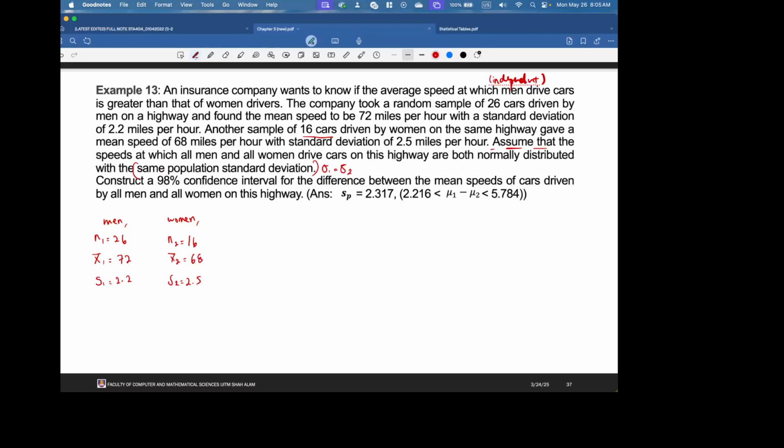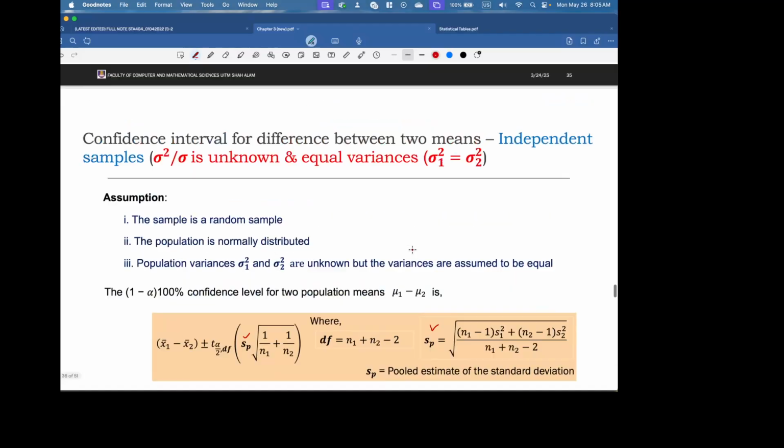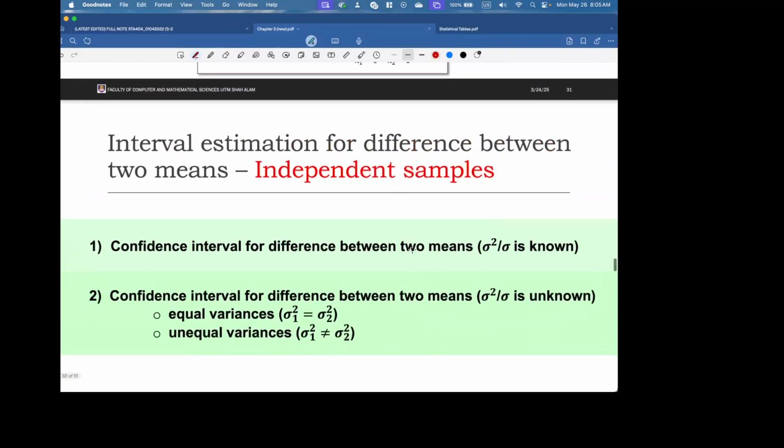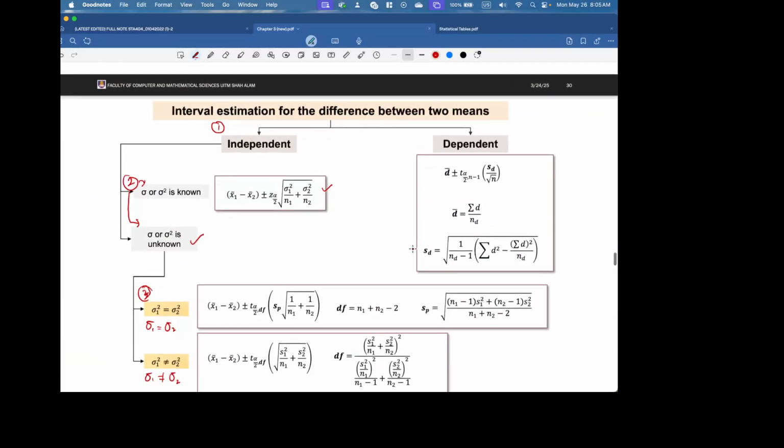When we take a look at the map, we know that the sample is independent, because we want to test between men and women, and the information given to us is only based on this.